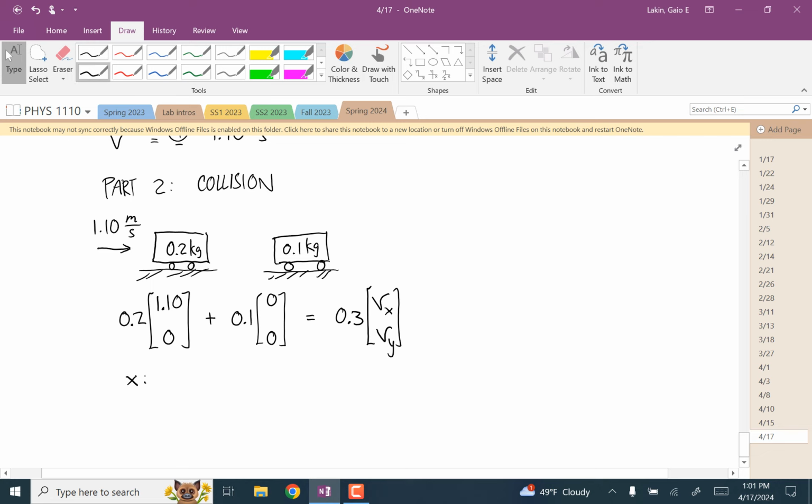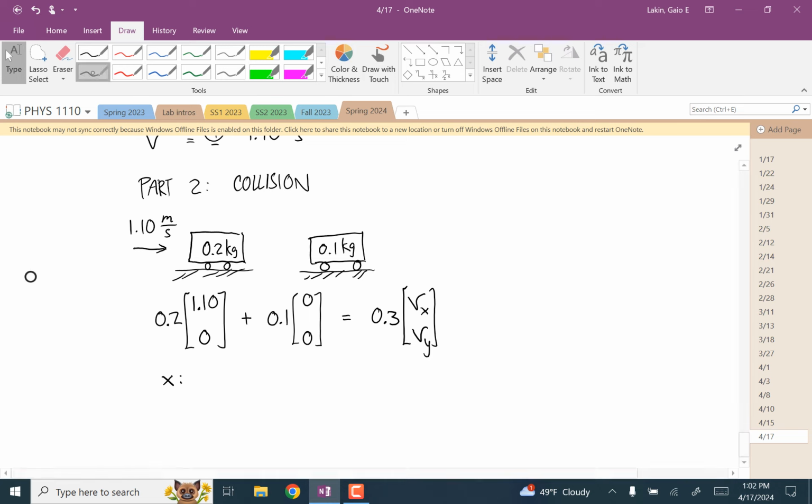The x equation says Vx is equal to 0.73 repeating.